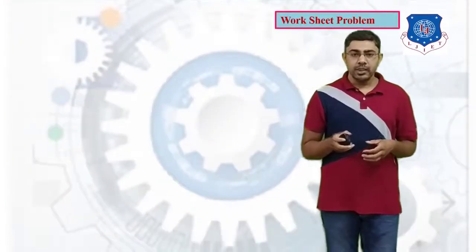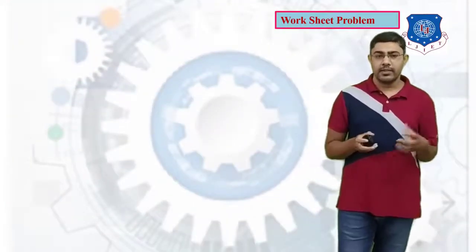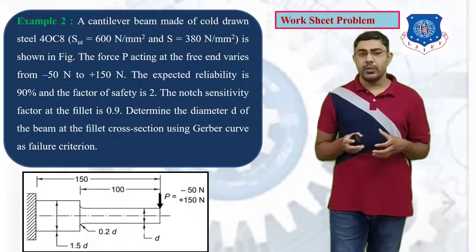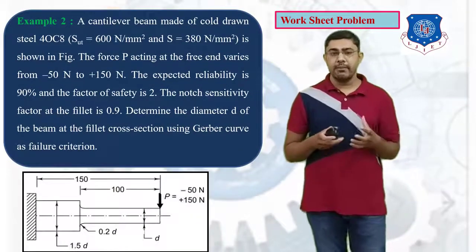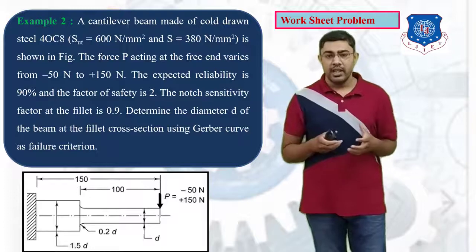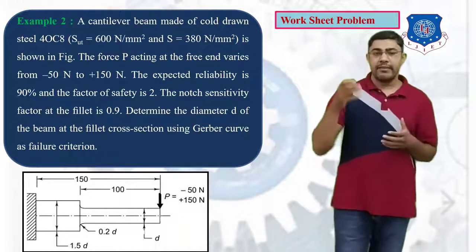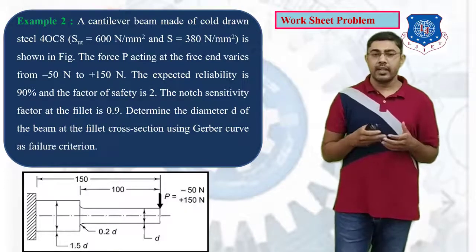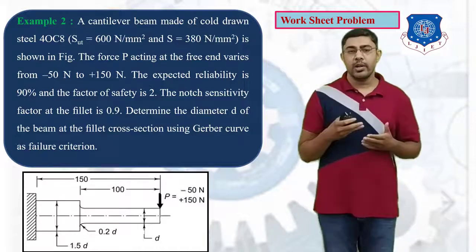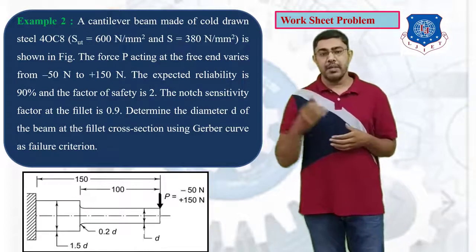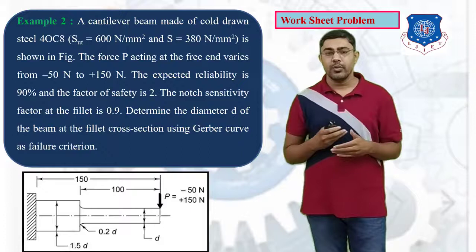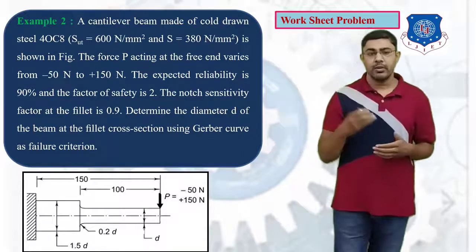Now consider the worksheet problem. This is example 2. Here a cantilever beam is given, and a fluctuating load is applied at the end of the beam. The load varies from minus 50 Newtons to plus 150 Newtons.